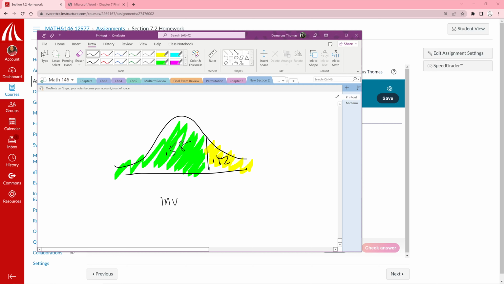So all we got to do is just inverse norm of 0.58, and that's going to give us this z-score right here. So this z-score separates the upper 42% from the lower 58%, left 58, right 42, because together that makes 100%. So that's what you would do for that one.